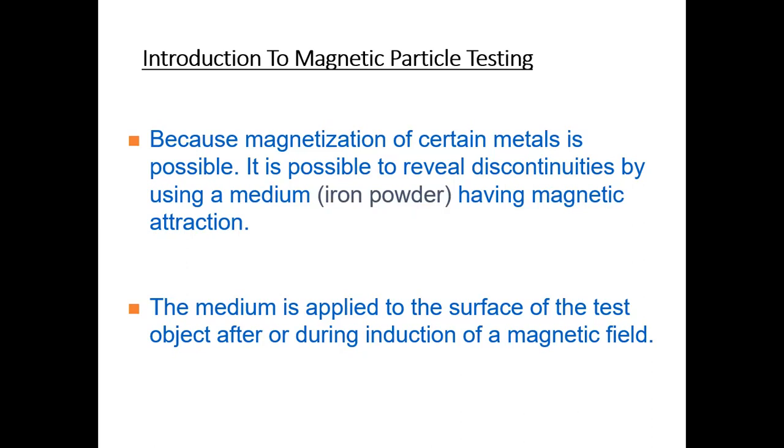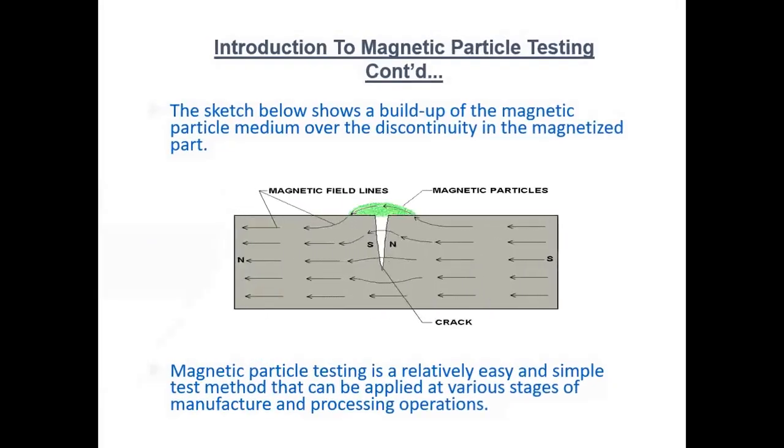The medium is applied to the surface of the test object after or during induction of the magnetic field, meaning while current is flowing, at the same time we apply magnetic ink, or iron particles. Now let's see the sketch. This is the job, and after application of current, the job becomes a magnet.